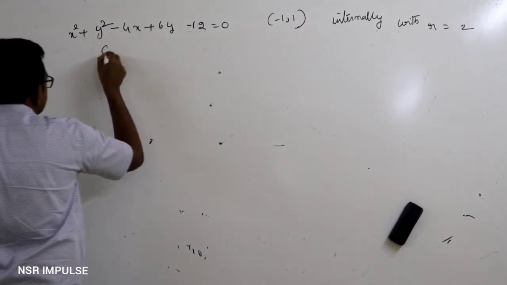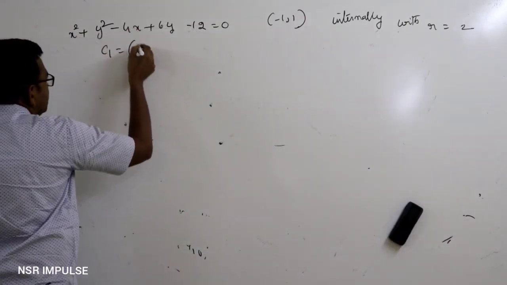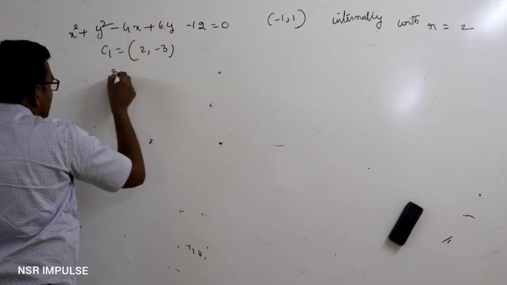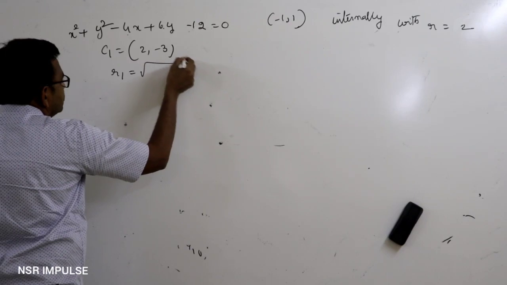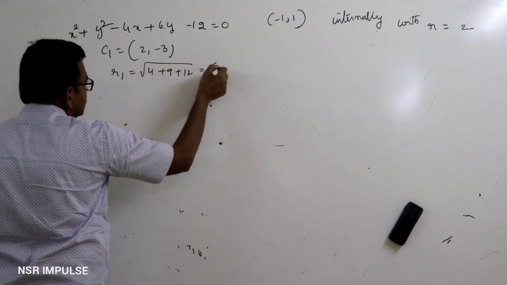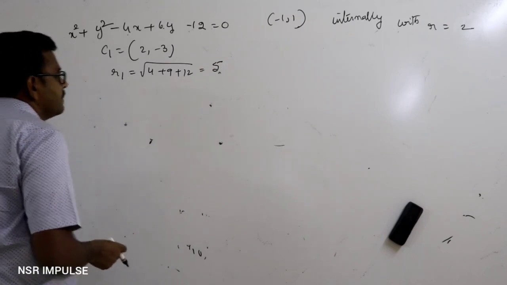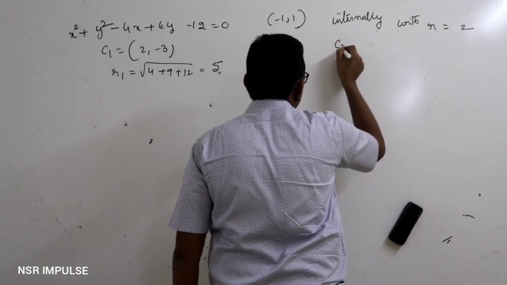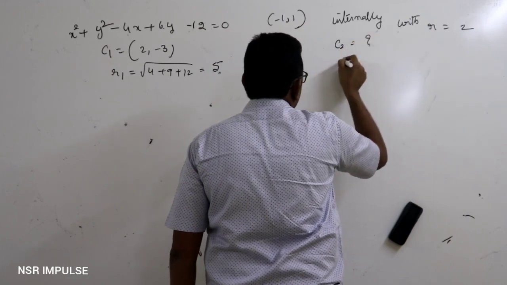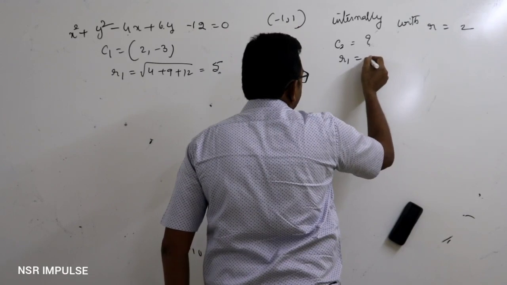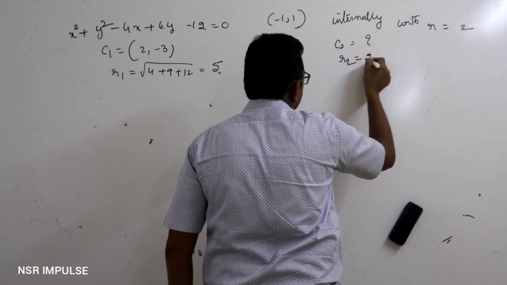So this is the center of circle. C1 is equal to minus g comma minus f, that is 2 comma minus 3. R1 is equal to root of 4 plus 9 plus 12, root 25, that is 5. Here you have to find the center. We don't know the center. Radius is R2, that is 2.